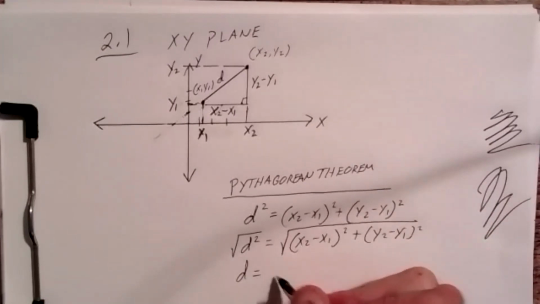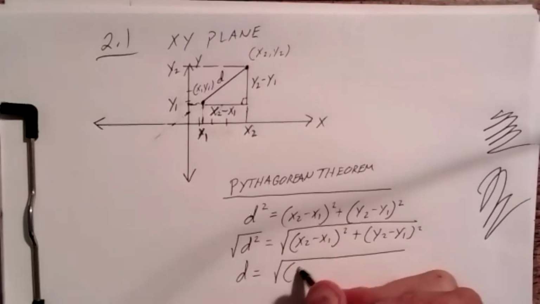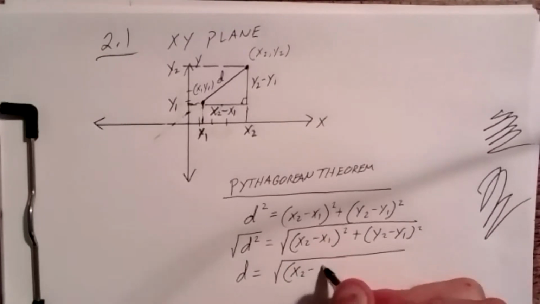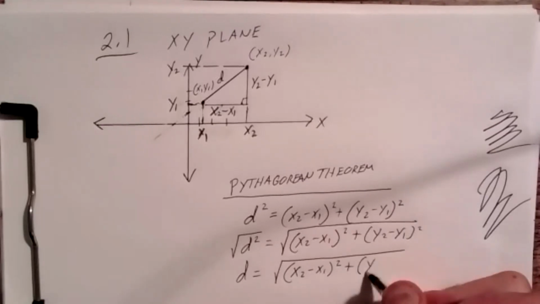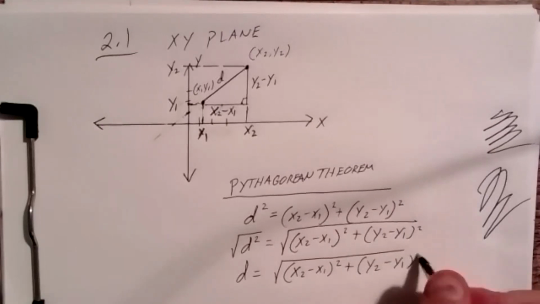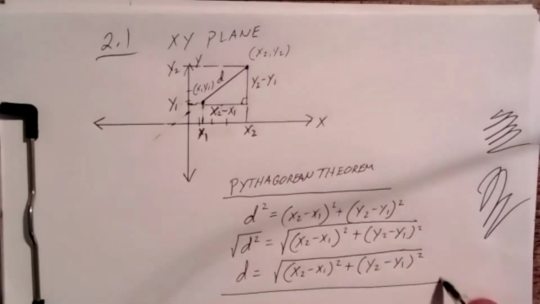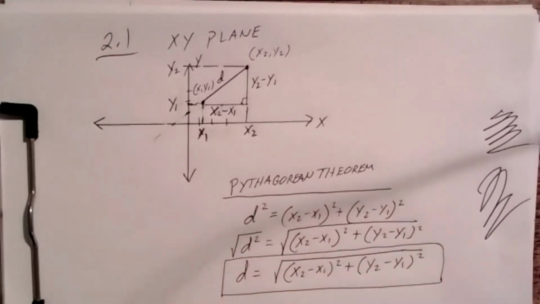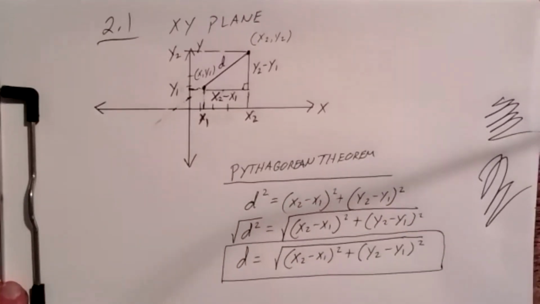And therefore, the distance between those 2 points is going to be the positive square root of the sum of the squares of the differences between the coordinates of the 2 points. This is called the distance formula here. Okay. So this formula will enable us to compute the distance between any 2 points in the XY plane.